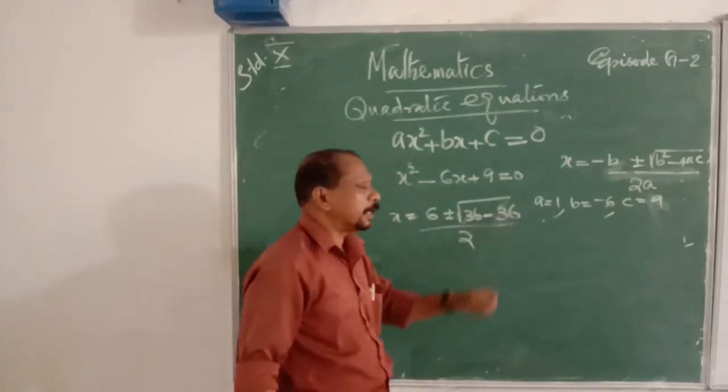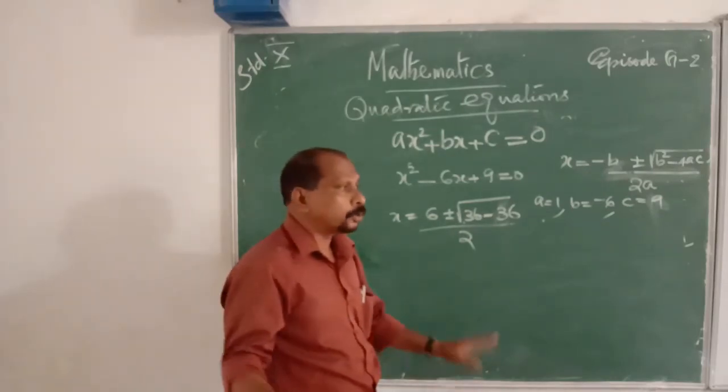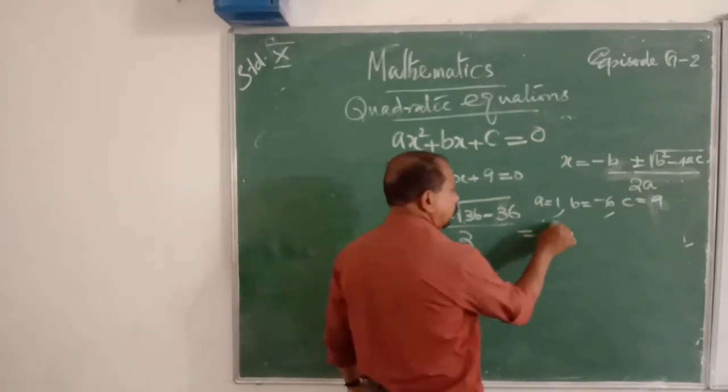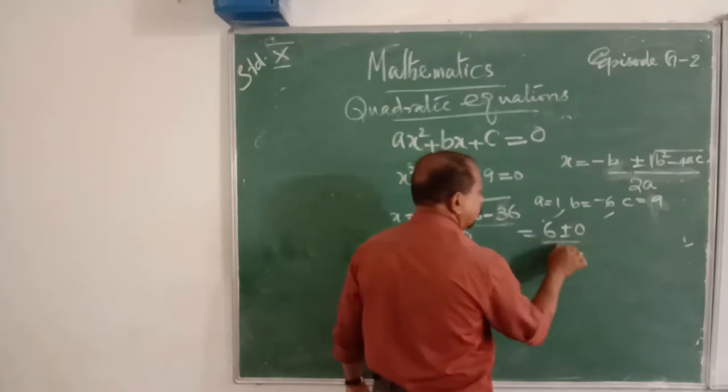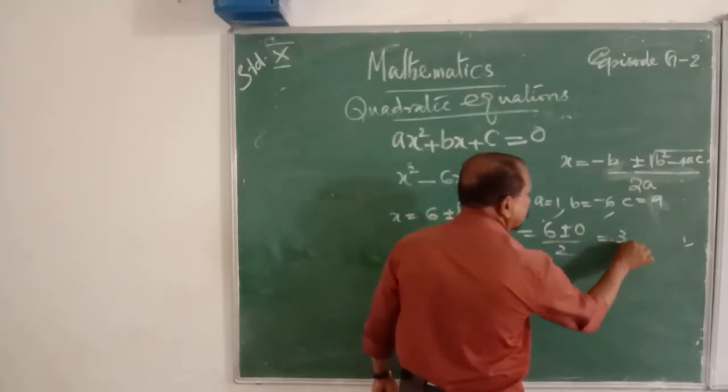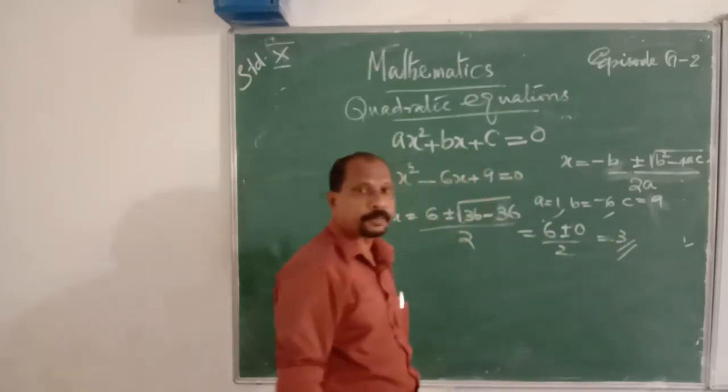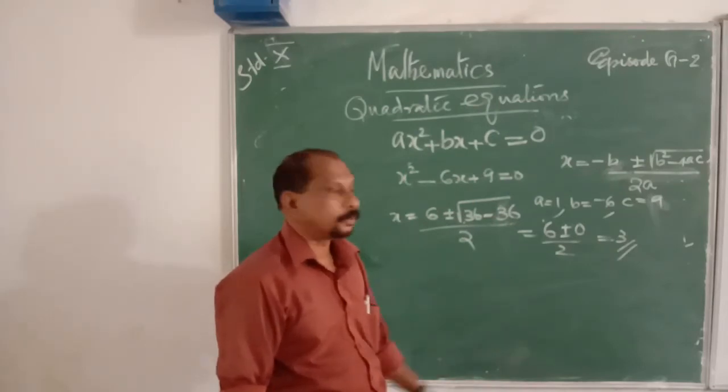What is 36 minus 36? 0. Root 0 is 0. That is equal to 6 plus or minus 0 by 2, that is 6 by 2, 3. That means 3 and 3. The values are the same, 3.